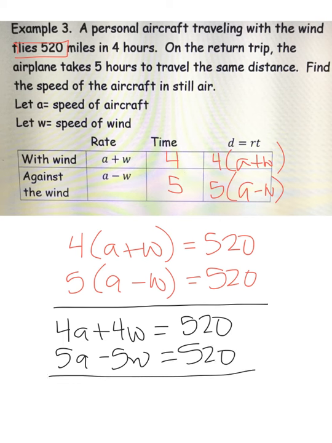Now, the only way to solve this system is using substitution. So I am going to multiply the top equation by 5 and the bottom equation by 4. That will allow me to cancel out, but I have to add a new page to do that. So I'm going to add a new page, but I'm going to start off right here, okay?